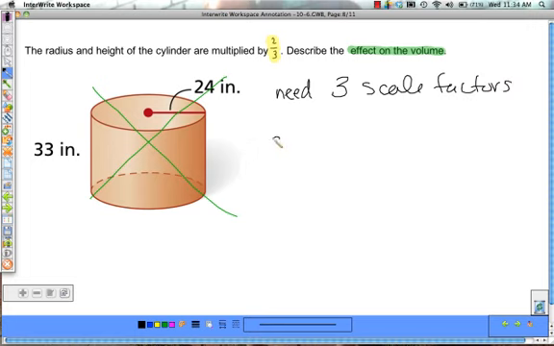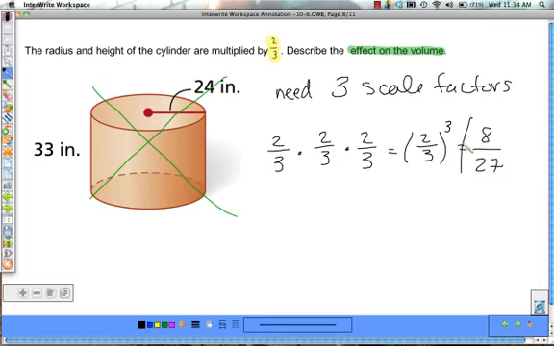Our scale factor is 2/3, so we have 2/3 times 2/3 times 2/3, which could be written as 2/3 cubed. So we have to cube the 2 and get 8, and we have to cube the 3 to get 27. So the new volume would be 8/27 the size of the original one.